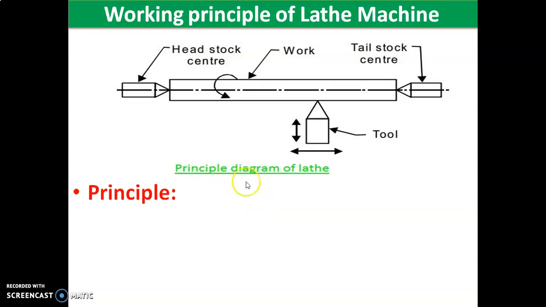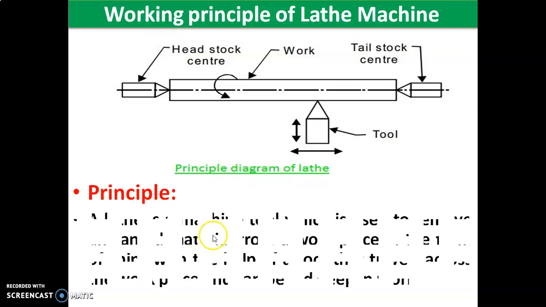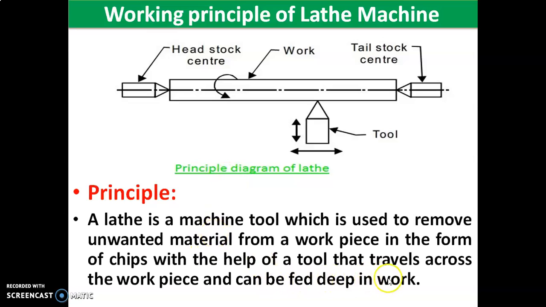The cutting tool travels across the workpiece and can be fed deep into the work. Generally we can feed the cutting tool in three directions: parallel to the axis of the workpiece, perpendicular to the axis of the workpiece, or inclined to the axis of the workpiece.